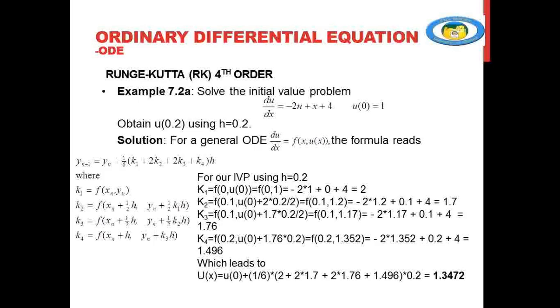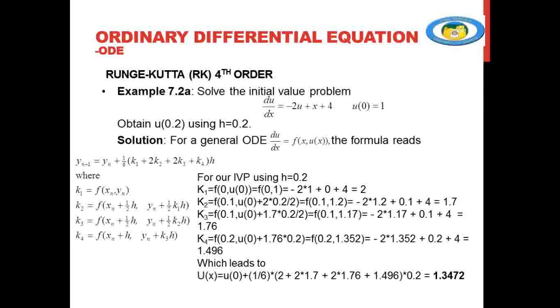So u0 is equal to 1. We are asked to obtain u at 0.2 using h, or the step size, of 0.2. So we are going to directly obtain the value at 0.2, starting from the value at 0, which is given as 1. So we are required to find out the value of the function u at 0.2.